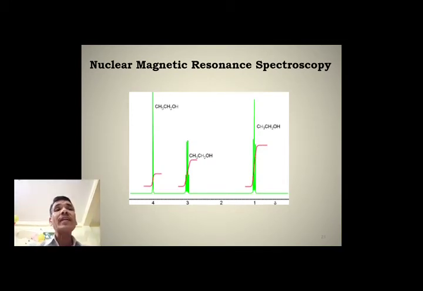The nuclear magnetic resonance spectroscopy gives the spectrum which is shown here for ethanol.